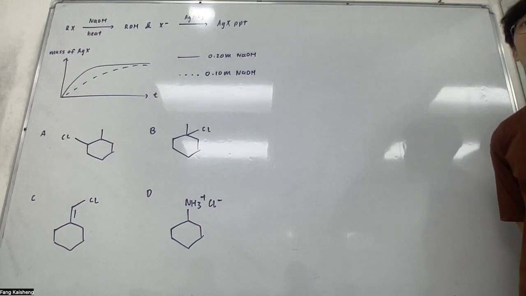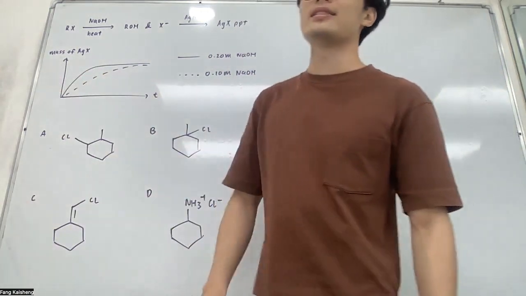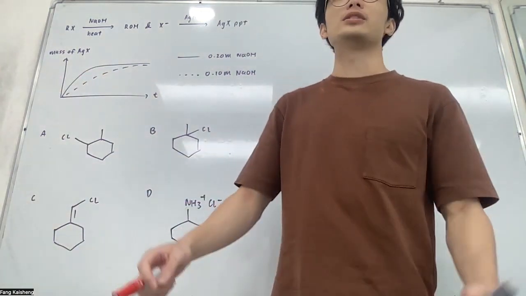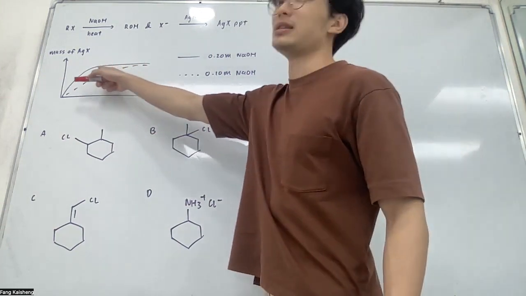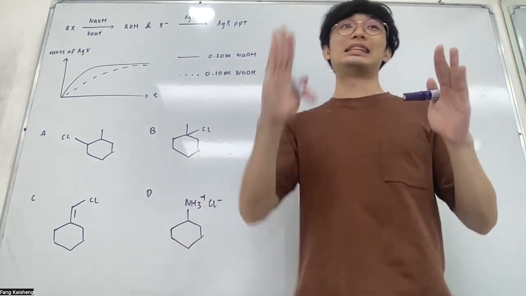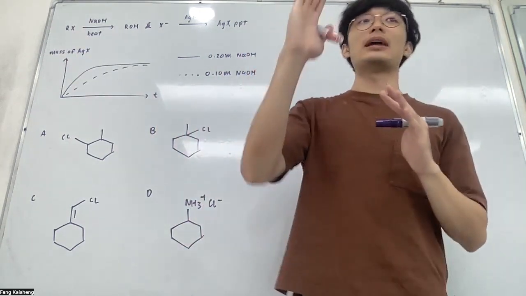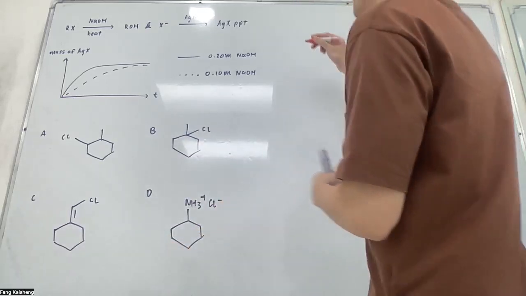Okay, good. Which one completes faster? Yes, good. In other words, guys, you all notice already that the solid line is faster. Why do you all think it's faster? How do you know? Okay, you reach the maximum first, and at the same time, it's a steeper line, so that means the rate of reaction is faster. That's something that we notice first.